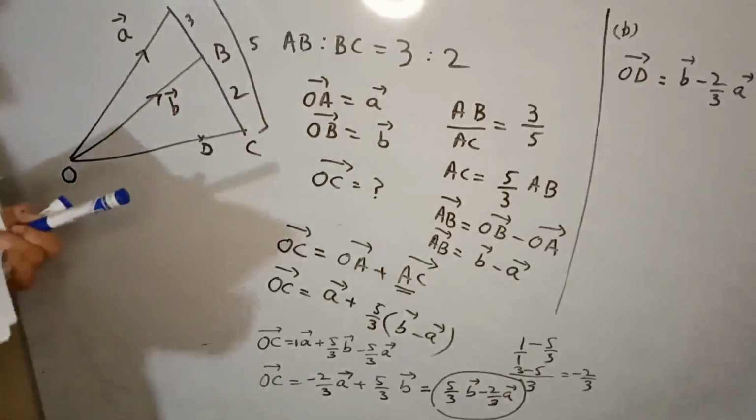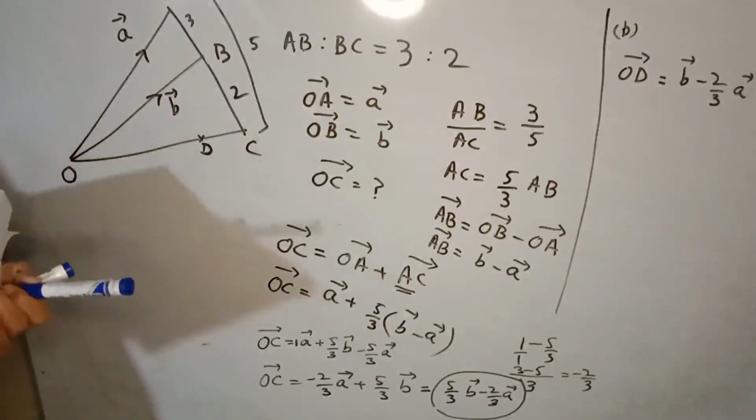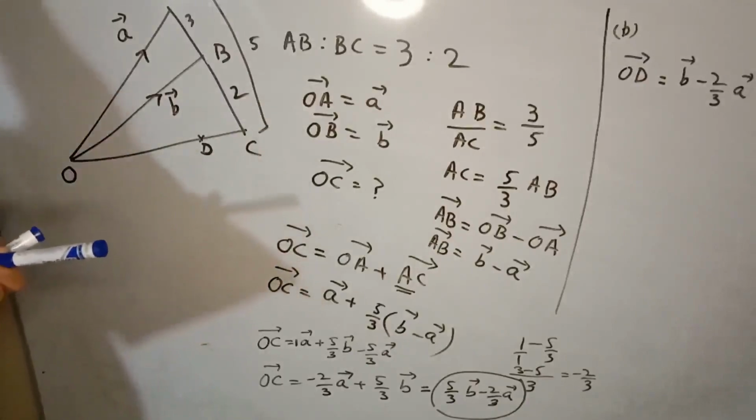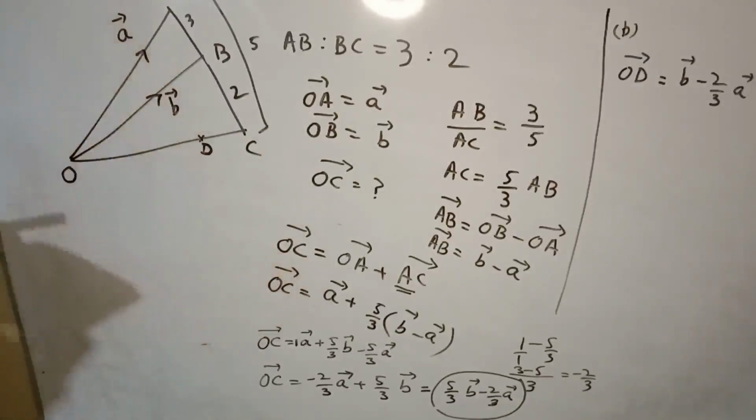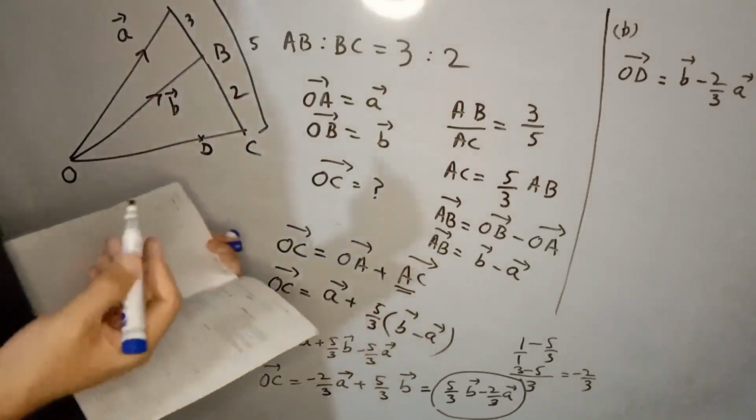The question is, we have to show that OABD is a trapezium. If you can prove that two sides are parallel, then it will be easy to show that the given quadrilateral is a trapezium.